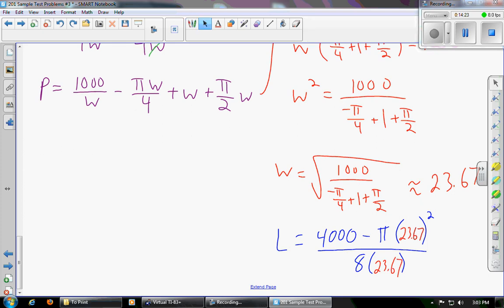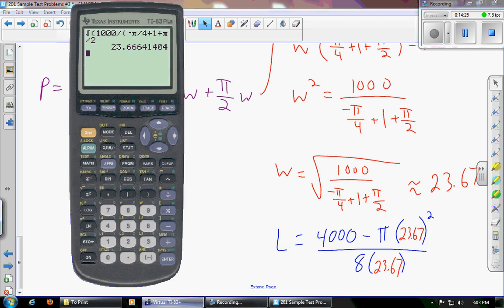And I know I'm a stickler for this, but we want to make sure we get the most accurate answer the calculator can give. So how about we store this thing? Maybe we can call it W. So alpha W is here. And then we're going to type that fraction in.